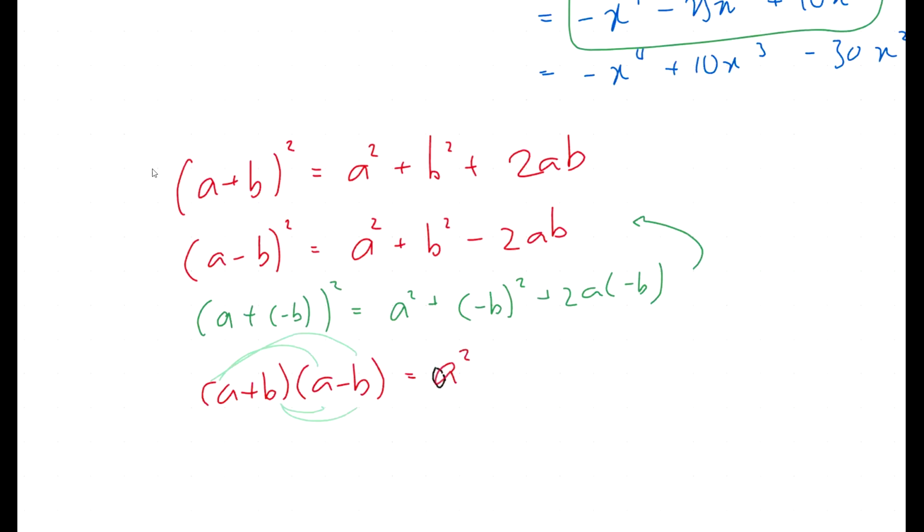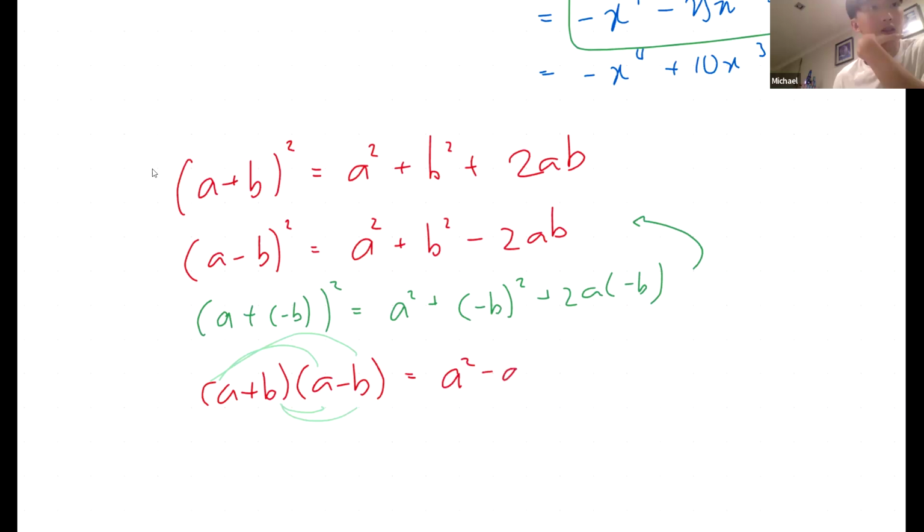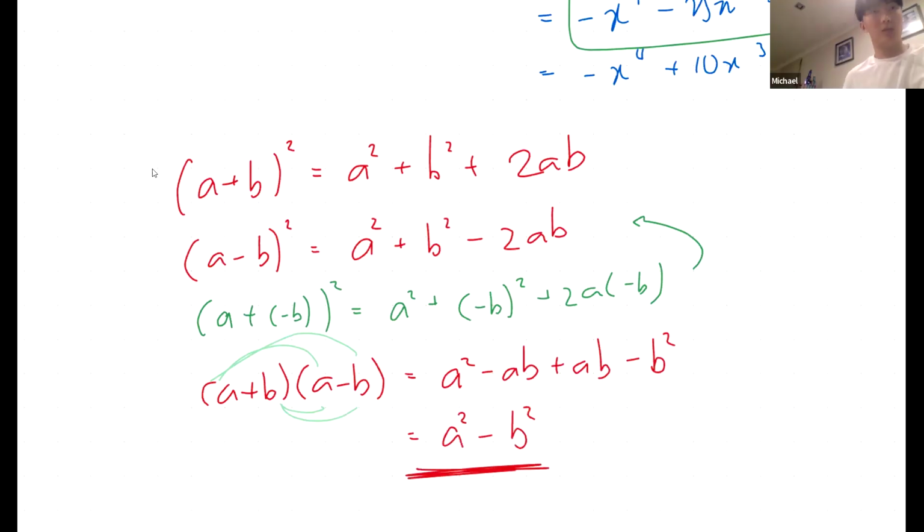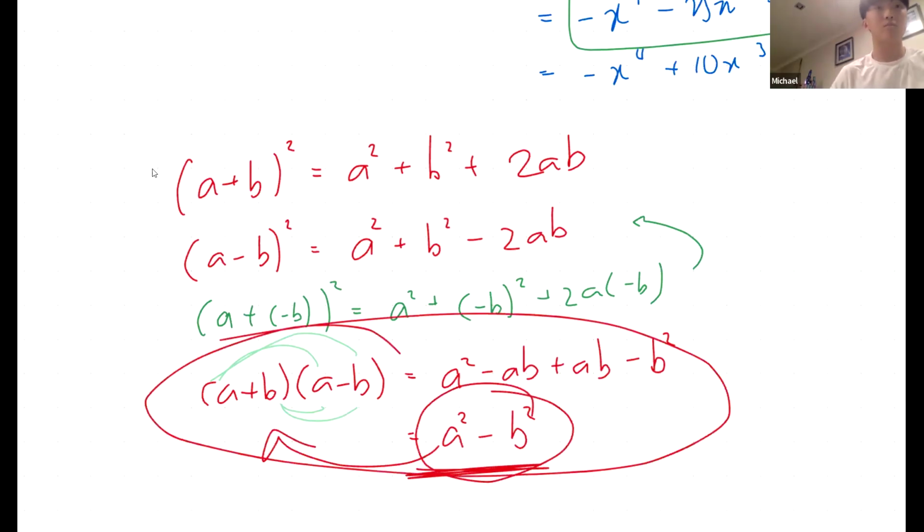A squared minus ab plus ab minus b squared. So it actually simplifies to a squared minus b squared. This is the third very important formula here. And a lot of the time it's going from this way to this way. That's why this is important.